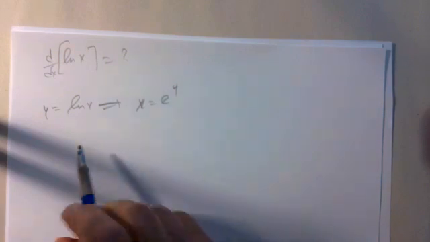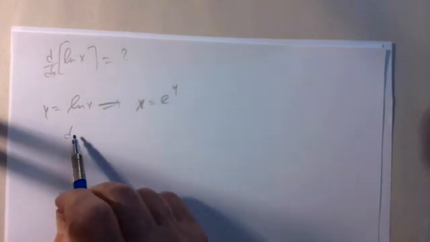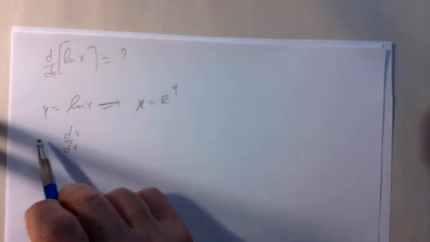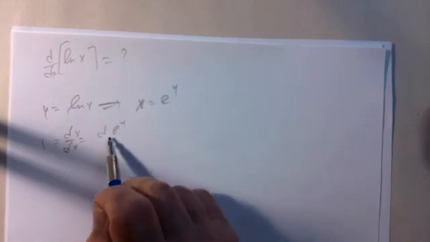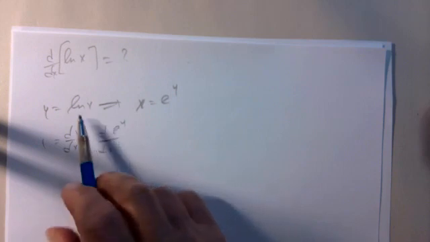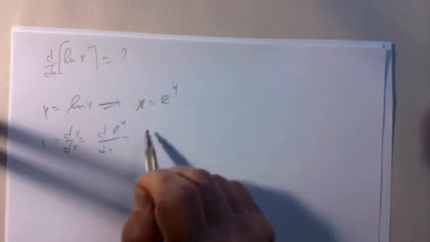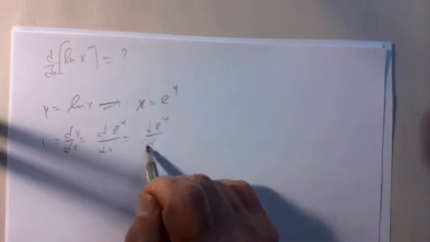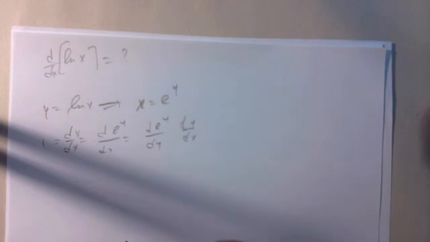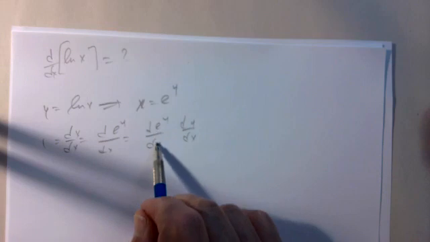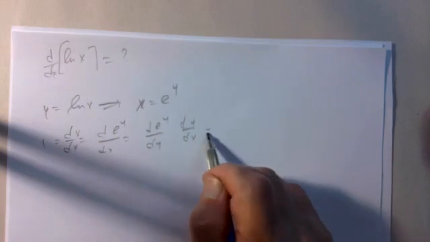And now we can use the chain rule. The derivative of x with respect to x, of course, is 1. But that's the same as the derivative of e to the y with respect to x, where y is log x. This is the derivative of e to the y with respect to y times dy dx. The derivative of e to the y is e to the y.